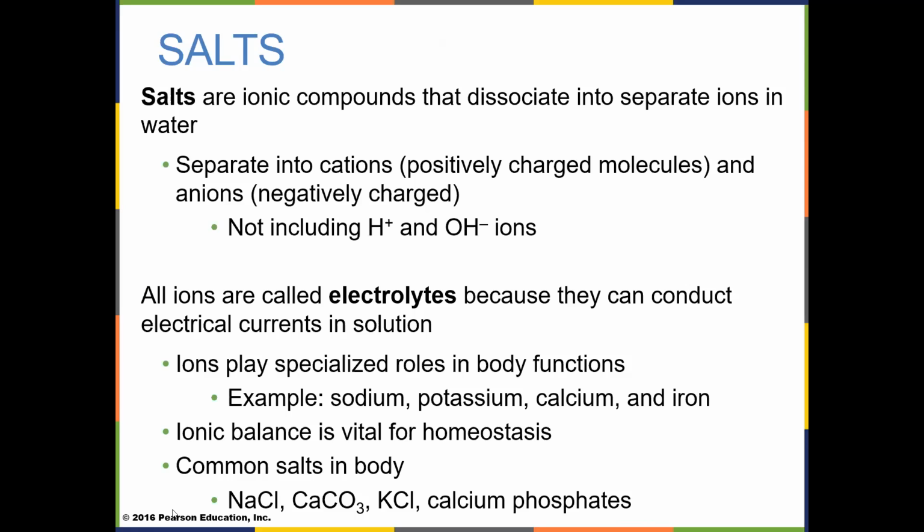That's what salts do. These salts are positively and negatively charged. They're attracted to each other, and they have a charge. We call them electrolytes. They give a charge to water. They can carry a current.